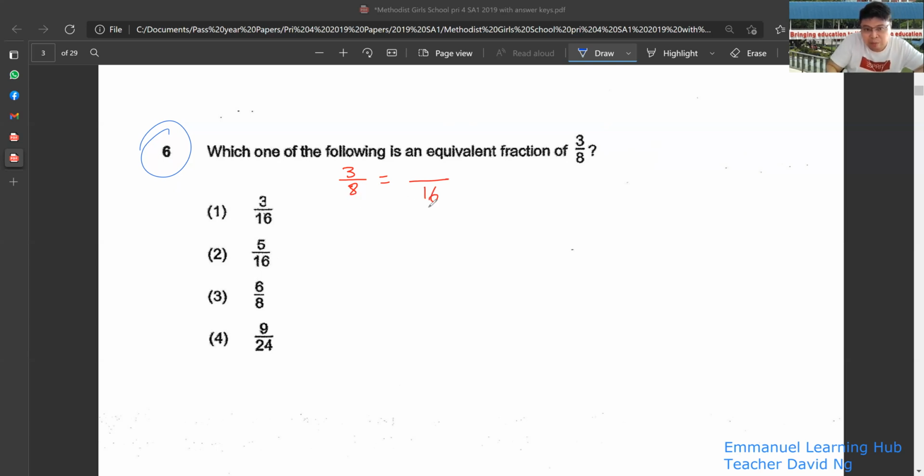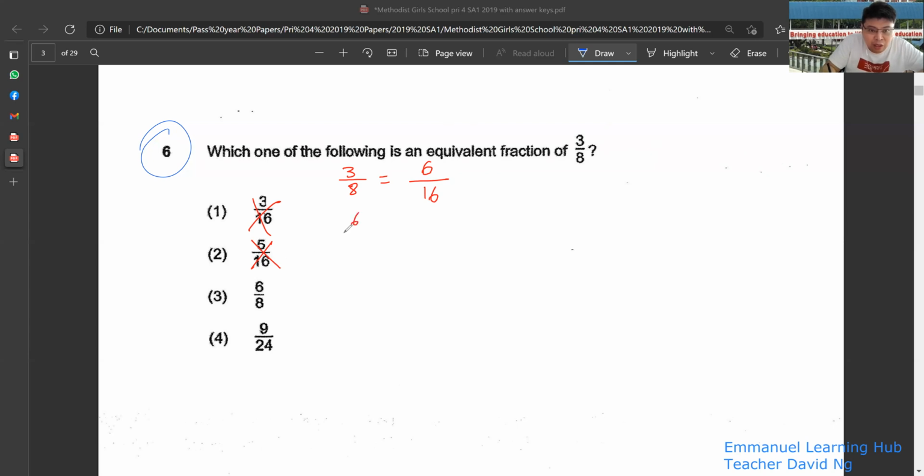How did 8 become 16? Times 2. So what is the numerator here? 6. 3 times 2 is 6. So do you have 6 over 16 here? No, so you can cross out this one. How about 6 over 8?